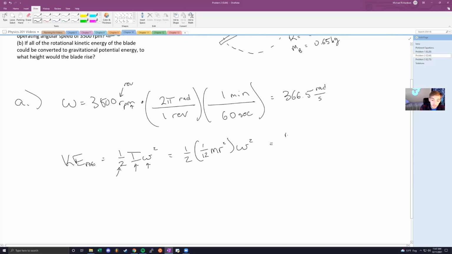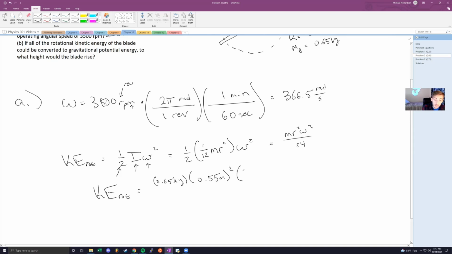So this is just going to be mr squared omega squared over 24. Okay, now let's plug in our numbers. So we get that our rotational kinetic energy is going to be equal to our mass, which is 0.65 kilograms. Our distance from our axis of rotation is 0.55 meters squared.